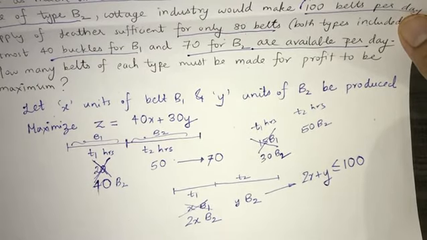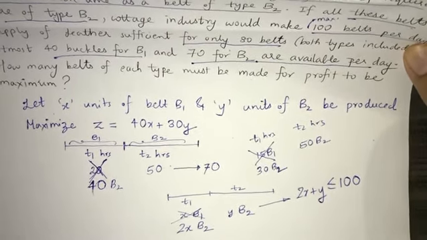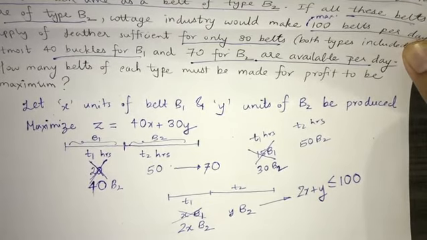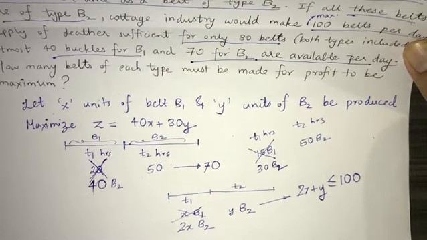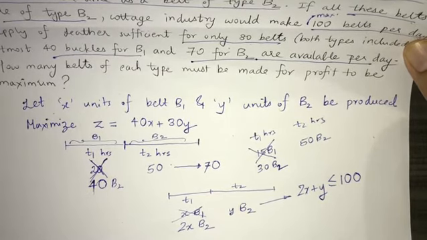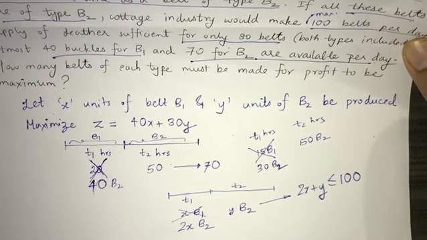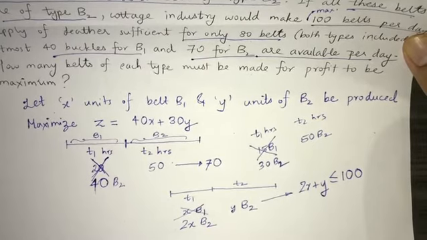Earlier it was x belts of type B1, y belts of type B2. Then we stopped the production of belts of type B1 and said no, now B2 will be made. In that amount of time, how many belts of B2 can we make? Double, 2x B2 belts.